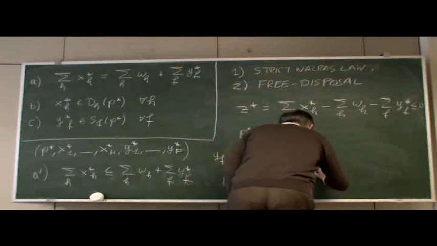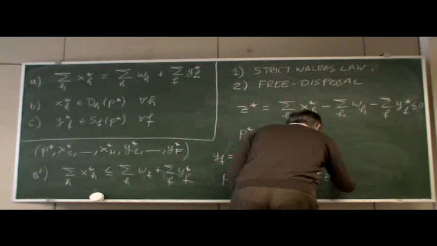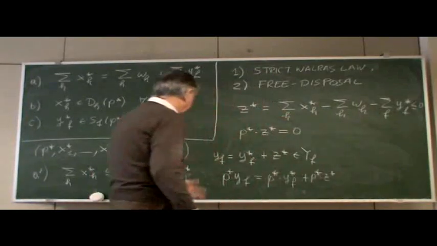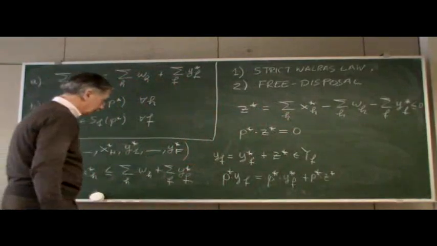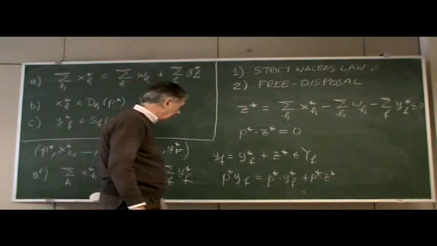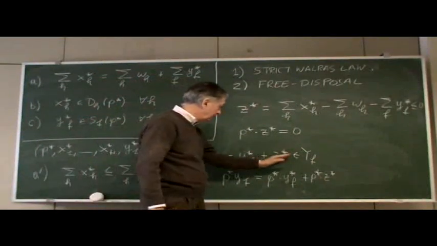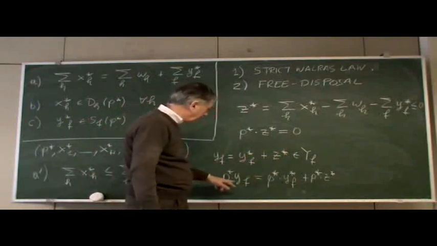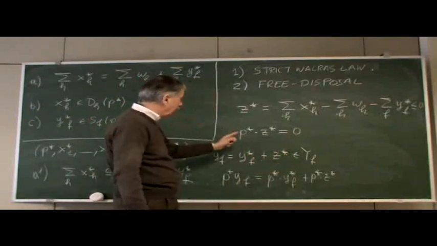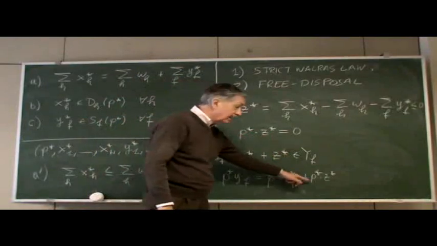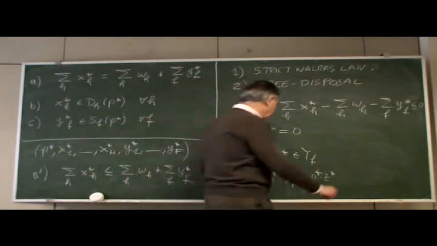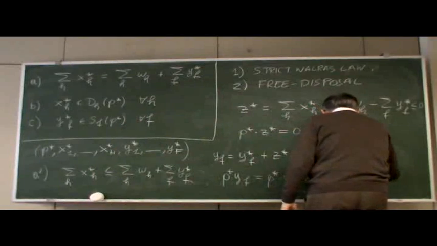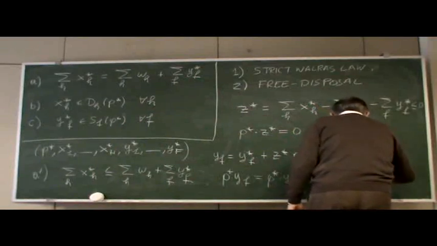And you obtain this result. A simple algebraic manipulation. I multiplied both sides of this equality by P star. I obtained this equality. But P star times Z star is 0. So this is exactly equal to P star times Y star F.